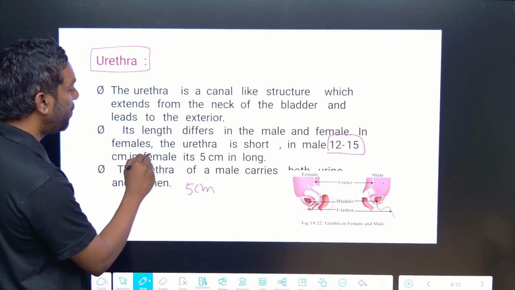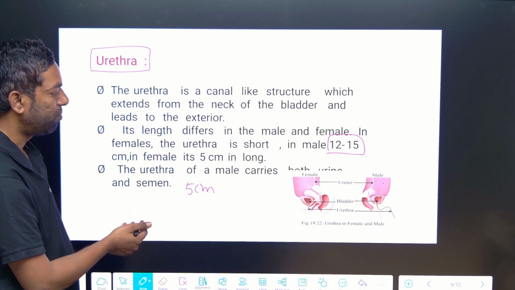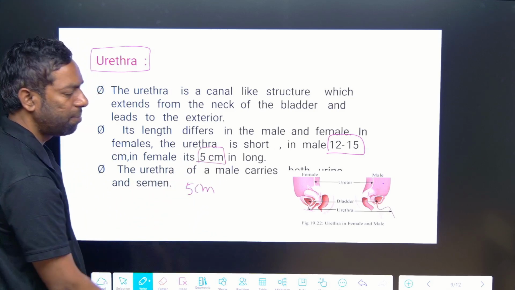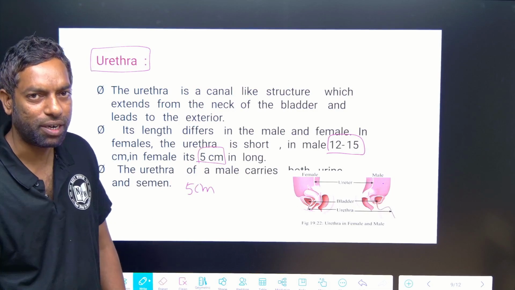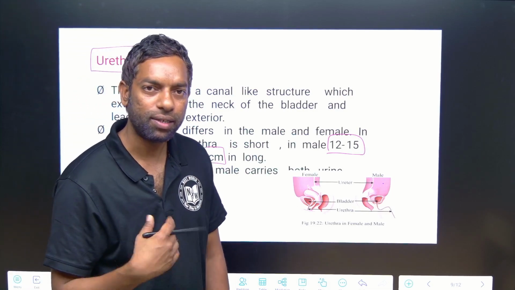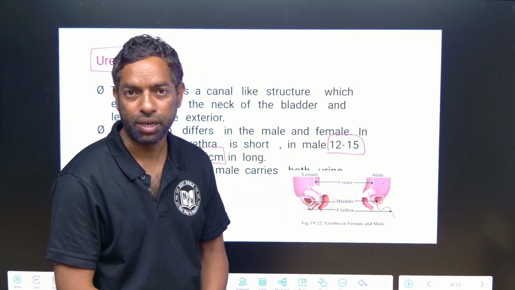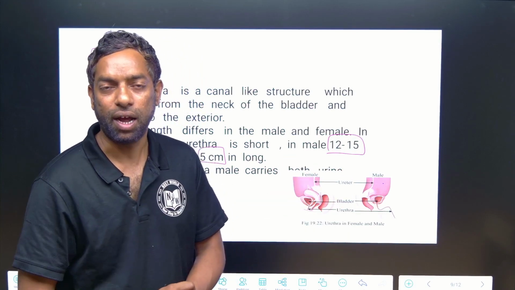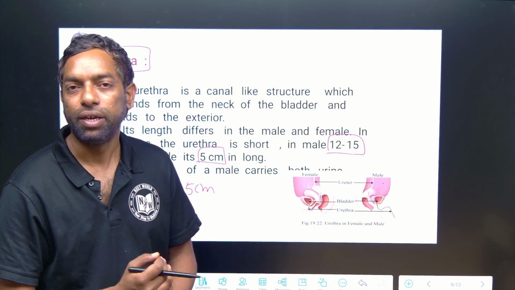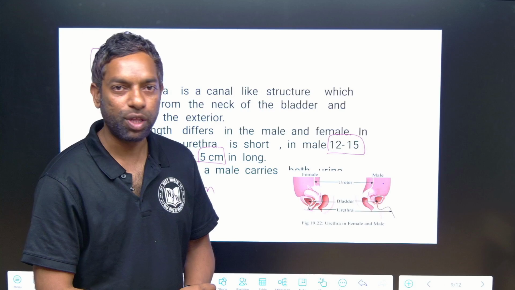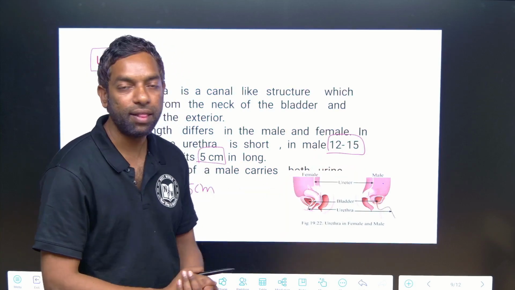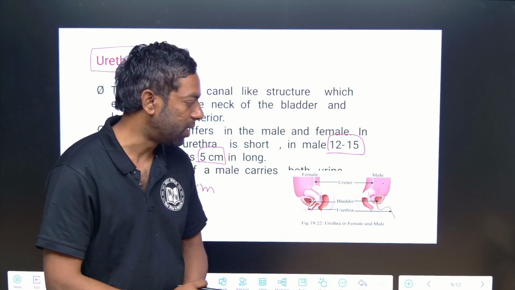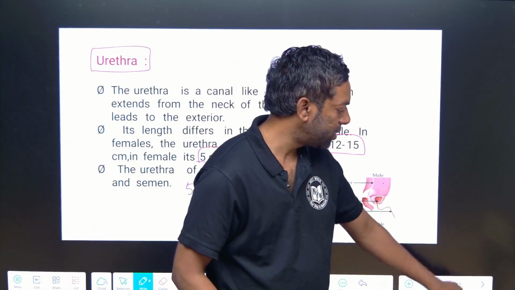It is shorter than in the male. The female is 5 centimeters and the male urethra is about 12 to 15 centimeters, because the male has the penis, and the urethra enters into the penis, which gives the length of 12 to 15 centimeters. Okay? Yeah, this is most important.